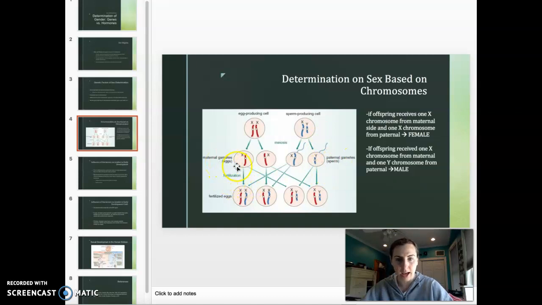When fertilization happens, we have the fertilized eggs that could be XX, XX, XY, or XY. And like I said before, if we have the XY chromosomes, that individual is a male.